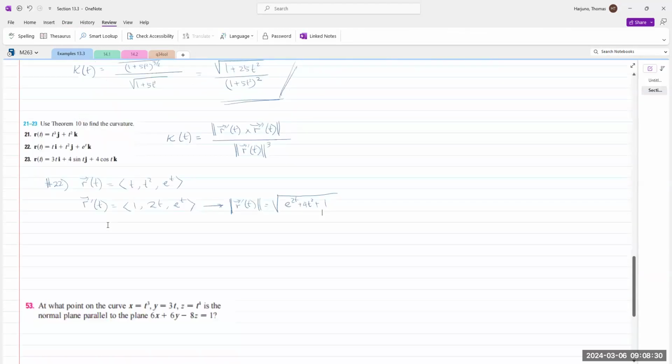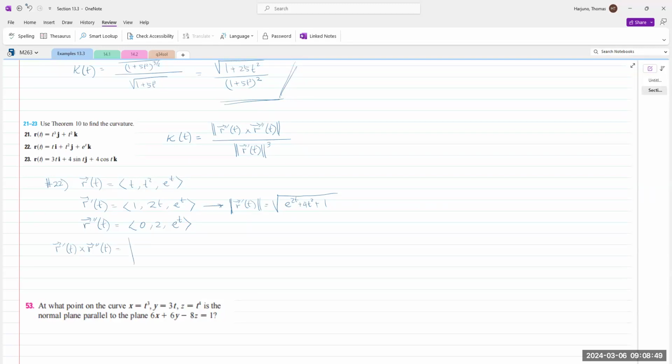And then r double prime t will be 0, 2, e to the t.